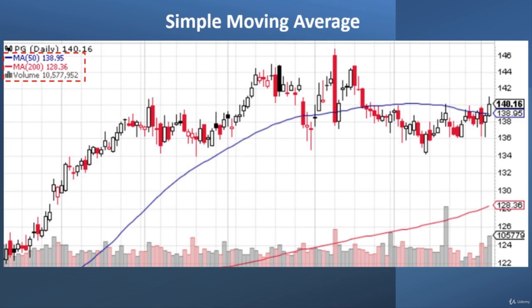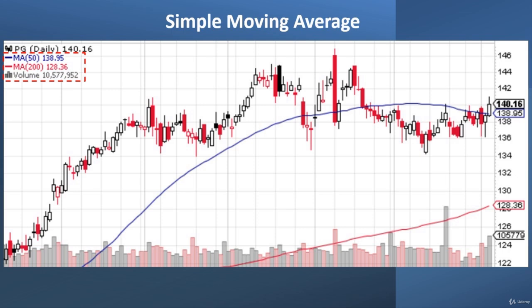If we look in the upper left, where I've input a simple moving average of 50, that would be 50 time periods. Let's say they're days, so that would be 50 days. And I put another one on the chart in pink for a moving average over 200 days, just to show the difference between them. If we look at our price chart now, we see a blue line and a pink line going across it.